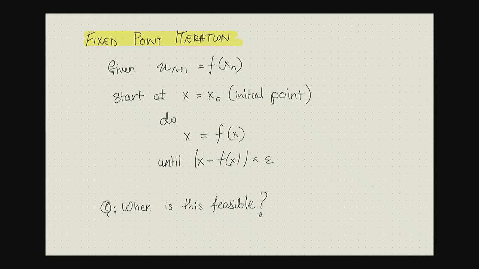Then you do x equals f of x, keep applying f to x and repeat that process again and again until you meet a stopping condition where the absolute value of x minus f of x is less than some predetermined threshold. That's it. It's a really simple algorithm.